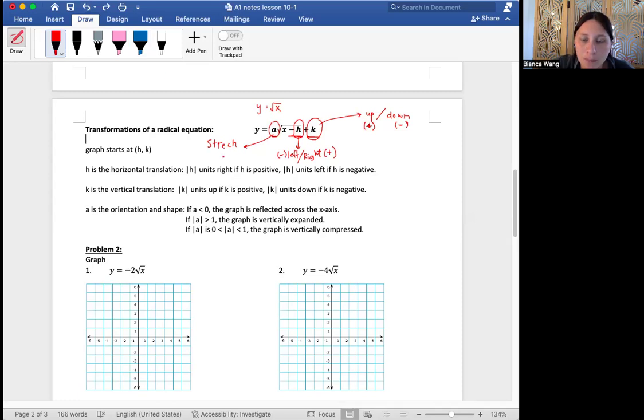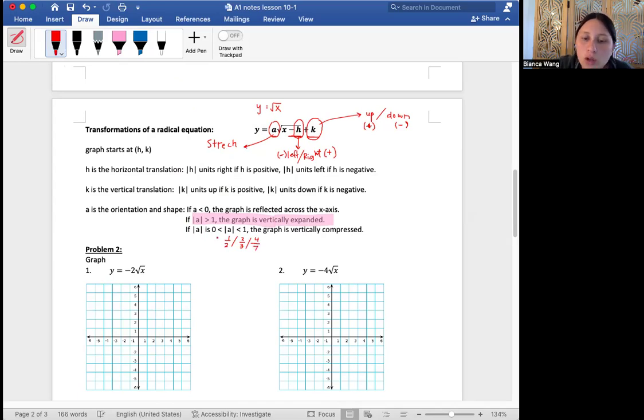And we can read here, if a is greater than 1, the graph is vertically expanded. If a is less than 1 but greater than 0, so that means like a decimal or a fraction, so examples would be like 1/2, or 2/3, or 4/7.